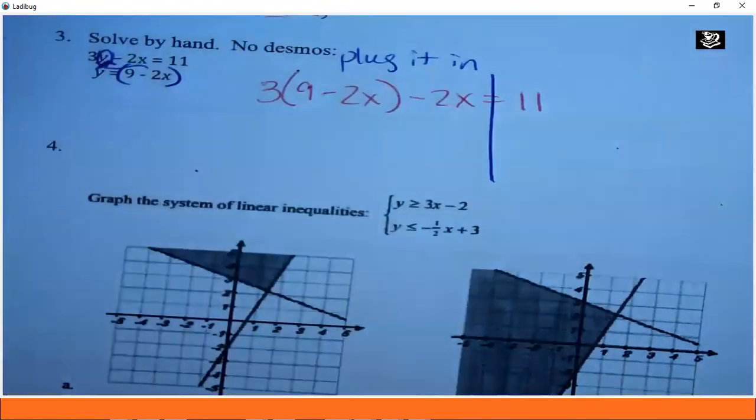Cameron, what do I need to do next to solve this one? Multiply the 3 with the 9 and the -2x.